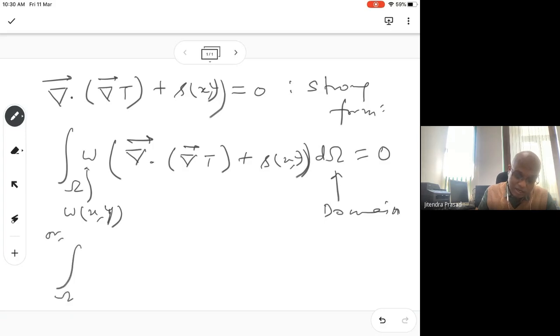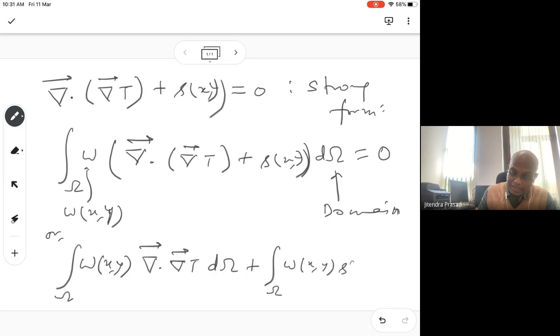For the whole domain, you have W, which is a function of x, y, and then you have del dot del T d omega, plus the integral over omega of W x, y times s x, y d omega, is equal to 0. So you have two terms, number one term, number two term, and let's see how it works out.